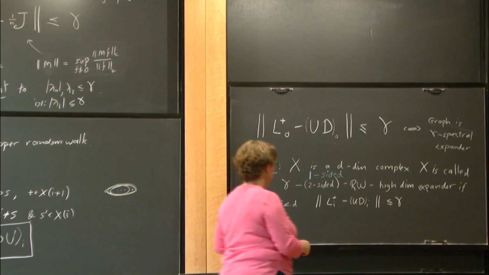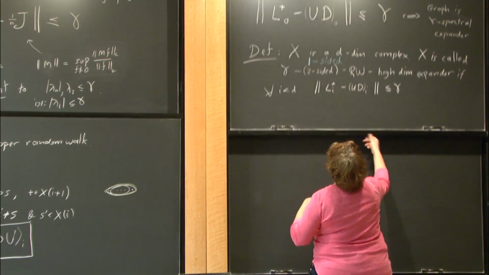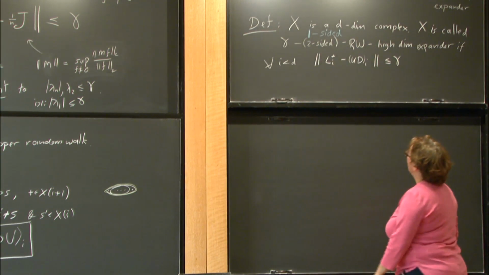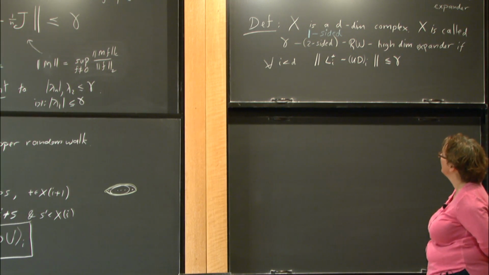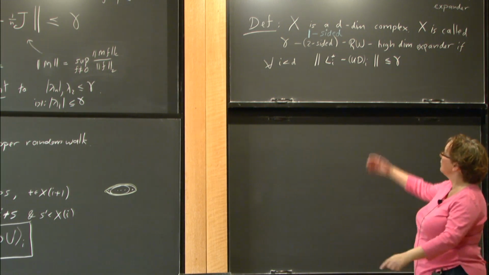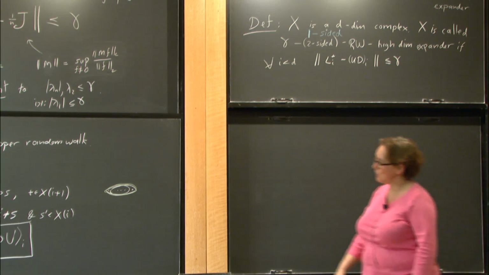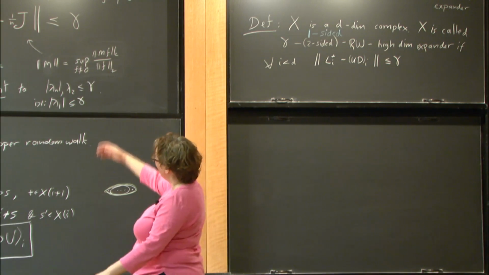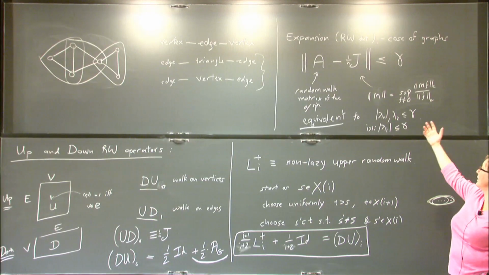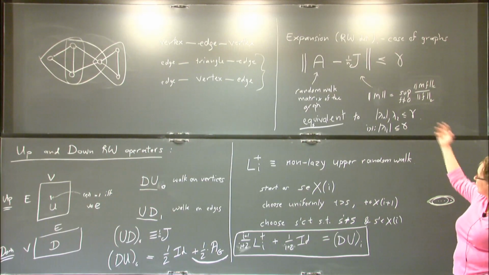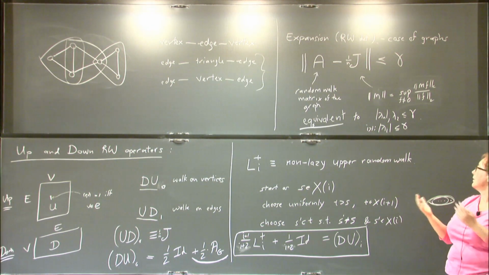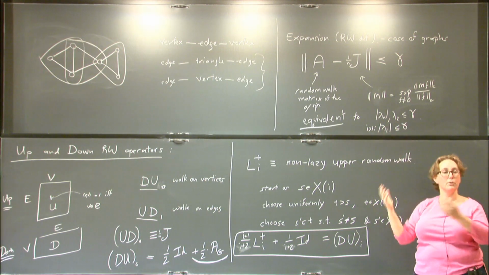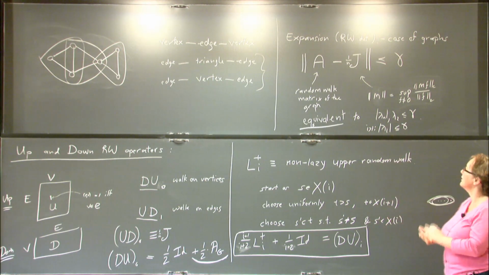Okay, so we made this definition. Let me tell you before we continue, why would this be a good definition? For graphs, it's natural to have some golden target object, the gold standard, like J, or the complete graph, and your expander is a good approximation of this dense object.